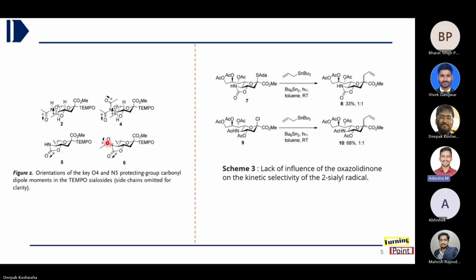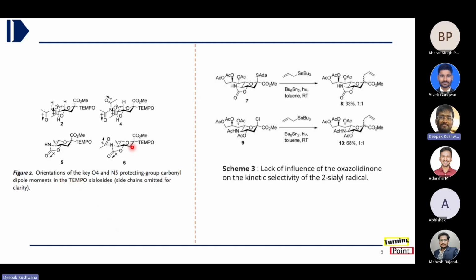In that case, it should reduce the effective dipole moment, no? Or maybe for convenience they have shown it like that. Entry six, it is reducing, right? In this case they will observe the maximum. The moment this group is substituted with acetyl, that's why 5 has more selectivity than 6.